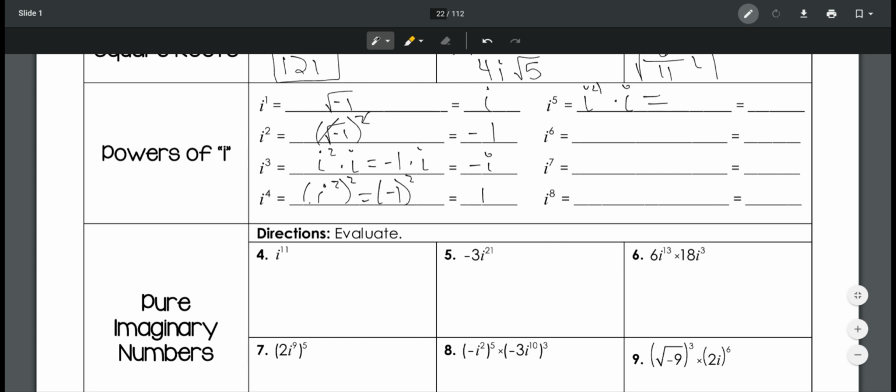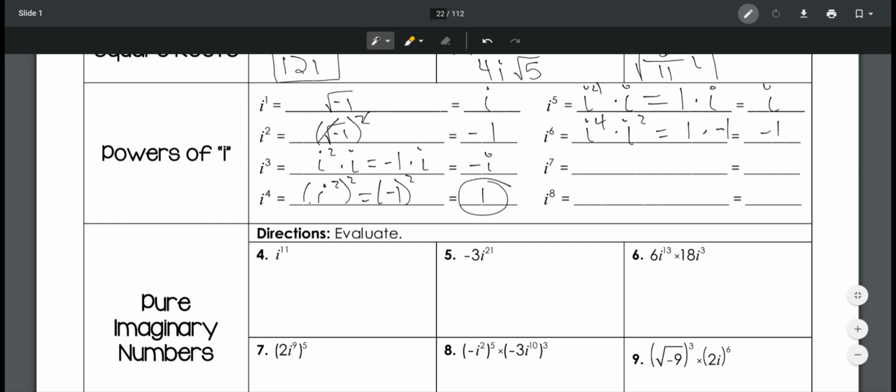We just said that i to the fourth is 1, so that would be 1 times i, and I get i. i to the sixth would be i to the fourth times i squared. That would be 1 times -1, which is -1. If I come back over to my left-hand column, that's where I'm getting these numbers from.